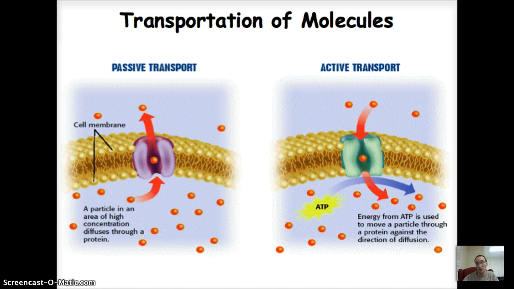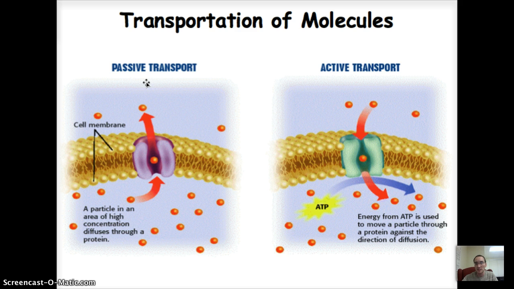So here's a little picture showing different molecules. Let's say this is oxygen going from a high concentration to a low concentration. The cool thing is it requires no energy. So there it's going through the protein, and it's being let inside or outside of the cell.